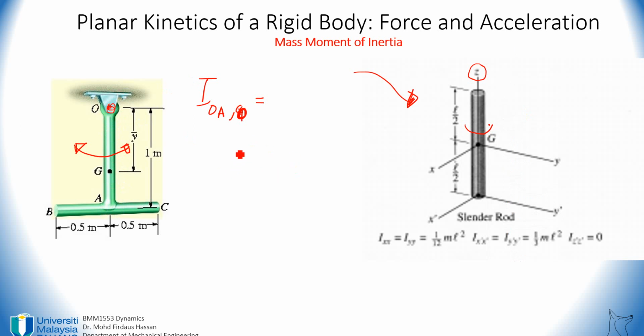Looks like if you pin at O, and this is OA, when it swings to the right about 45 degrees, this is OA when it swings 45 degrees. Can you imagine that?